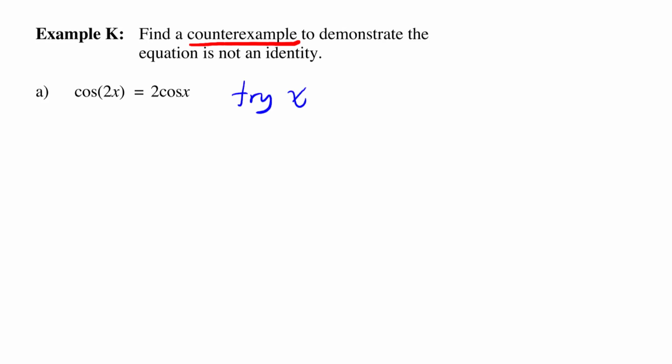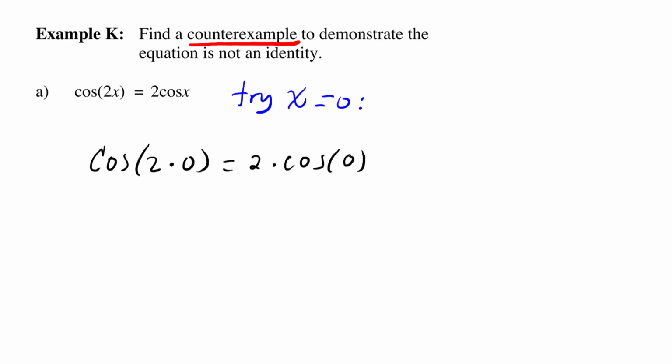So let's try x equals 0. This becomes cosine of 2 times 0 equals 2 times cosine of 0. We first evaluate inside the parentheses. Cosine of 2 times 0 means cosine 0. And on the right side, 2 times cosine 0, well, cosine 0 is 1.